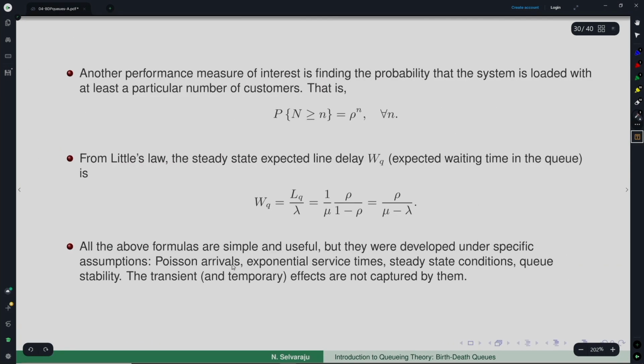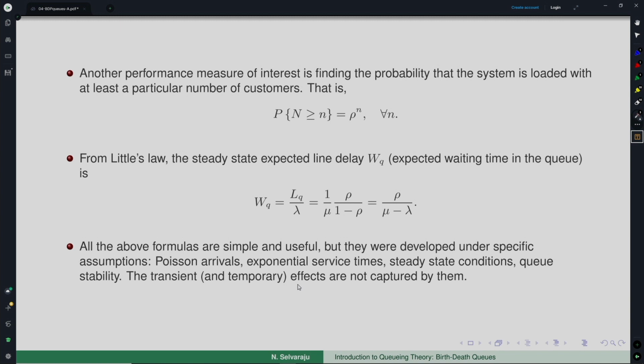So, all the above formulas are very simple and useful, but keep in mind that they were developed under specific assumptions of Poisson arrivals, exponential service time, and whatever assumptions we have made with respect to M/M/1, and also the steady state condition and queue stability to exist, that is what we are assuming. So, the transient effects or temporary effects are not captured by them.